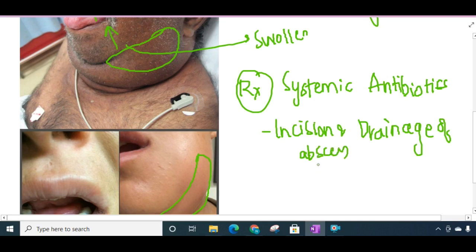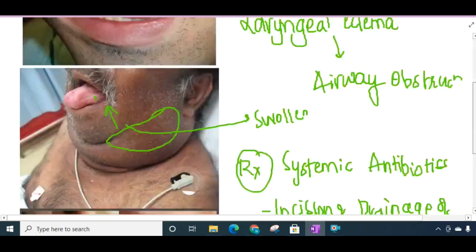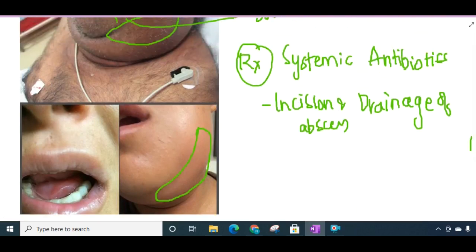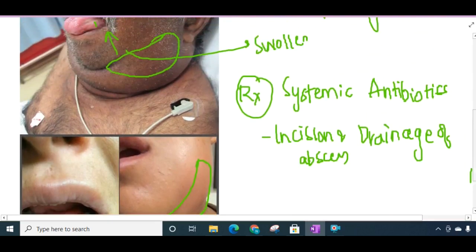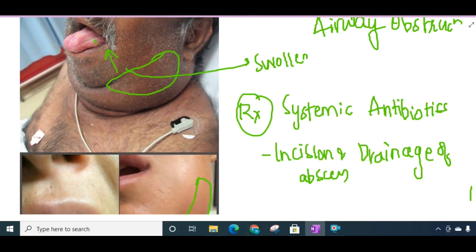And this incision, how will you give this incision? I'll show you in this picture. Right, you will have to give an incision from one mandible. Actually it's not a vertical incision, you will have to track one angle of the mandible.